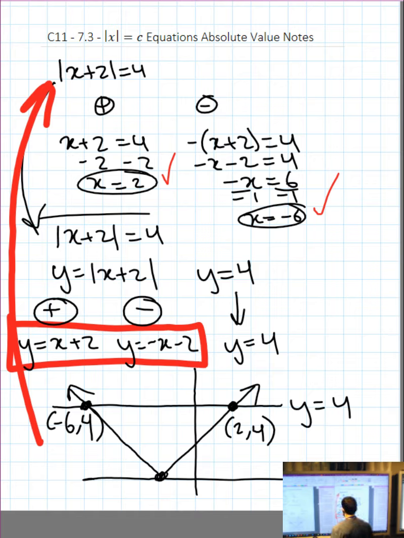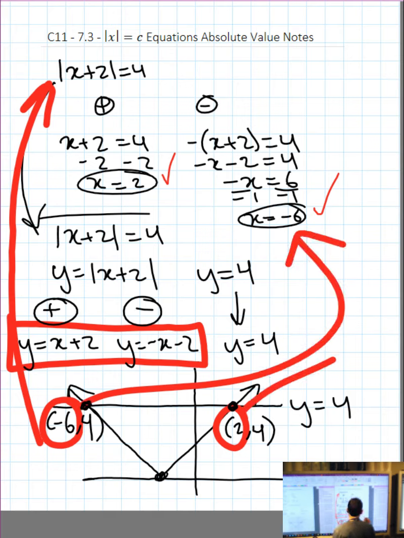Now, there are obviously y values of 4, and we never started with any y values in the beginning. We only introduced y to allow us to more easily solve for x. And what do you notice about the x values by graphing and the x values by algebra? They obviously have to be the same.